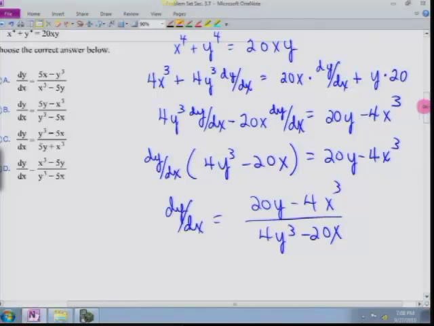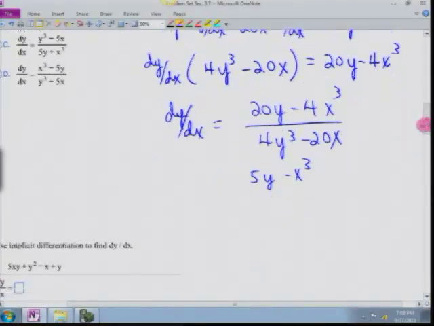What would you do to clean that up to get one of these answers? Take the 4 out. Okay. And then the 4's will cancel. And so you should get 5y minus x cubed over y cubed minus 5x.